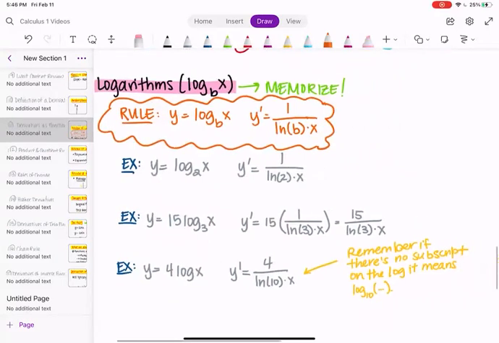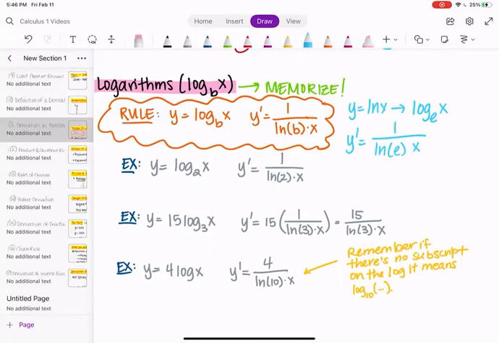So remember when we said that y equals ln of x is the same thing as saying log base e of x, right? So following this derivative rule, y prime should equal 1 over natural log of e times x, right?